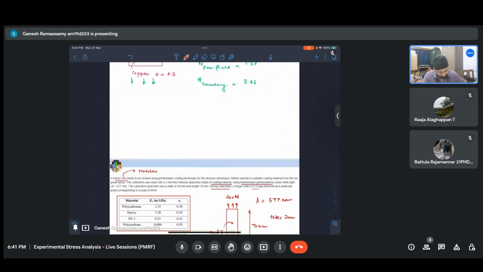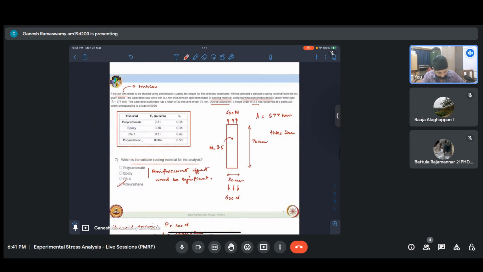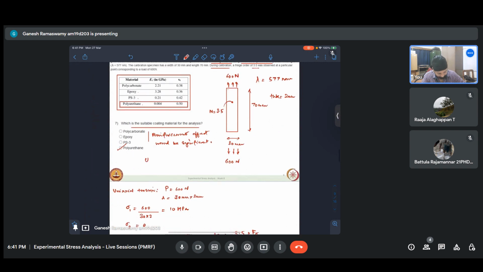What is mu C? We have selected polyurethane. So essentially our mu C is 0.5, and EC is 0.004 GPa.